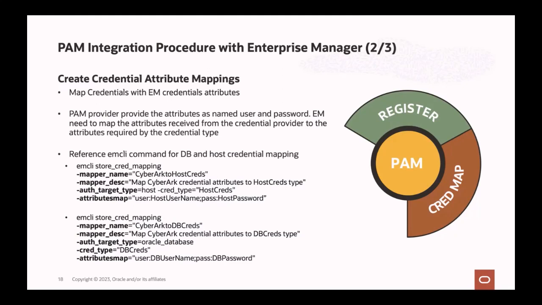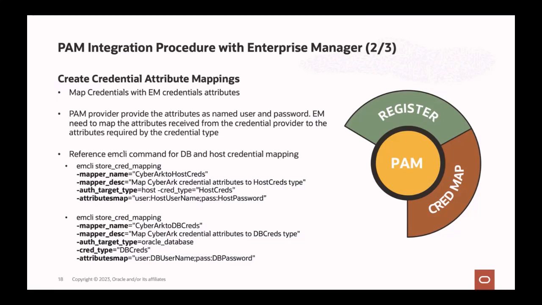So here we have two new EMCLI verbs: one to store the credential mapping for database, and another, EMCLI store cred mapping, for host. Here I have highlighted some of the key parameters, such as the mapper name, the mapper description, and here you can specify the authenticating target type.